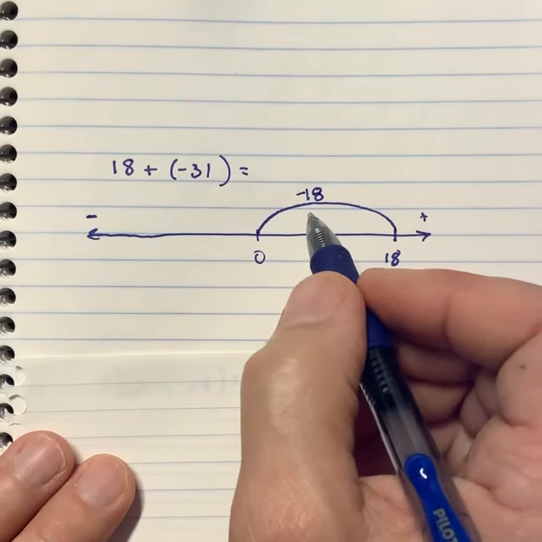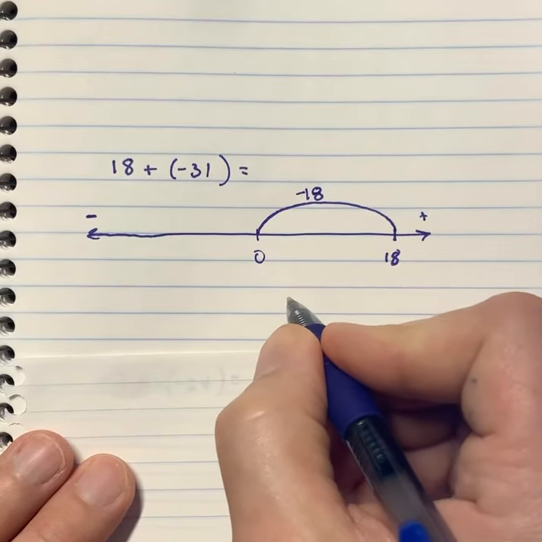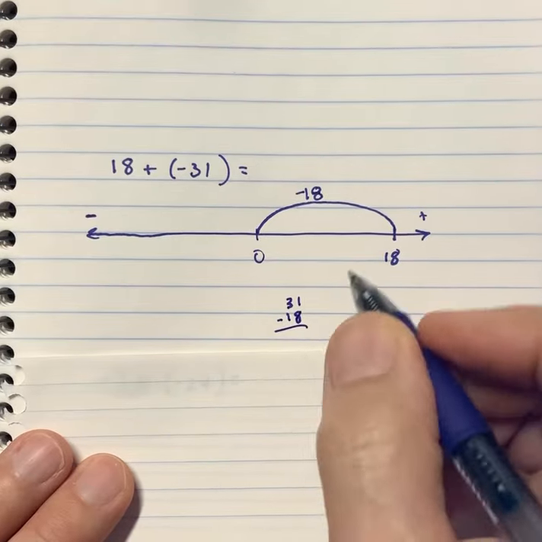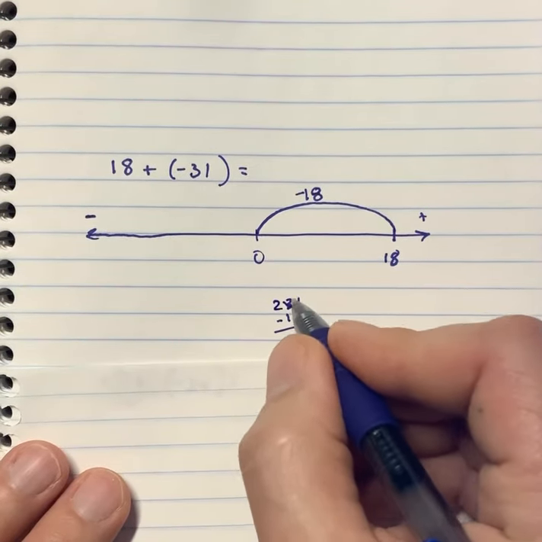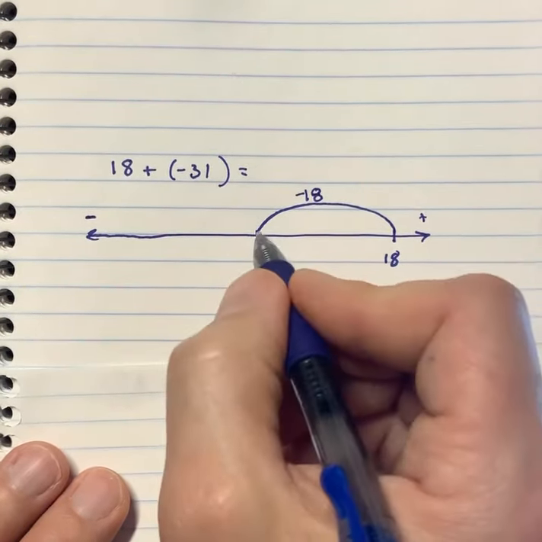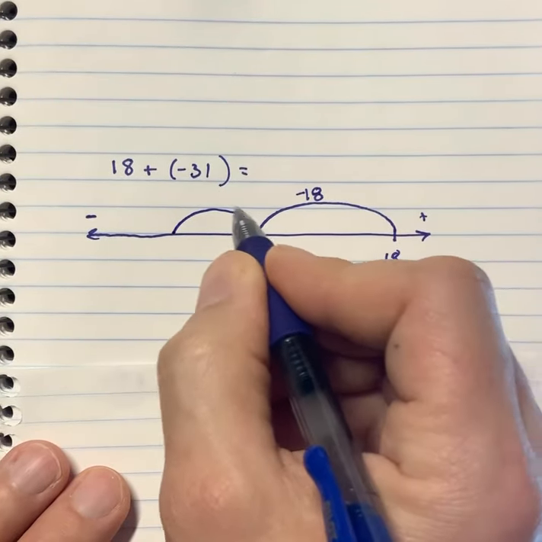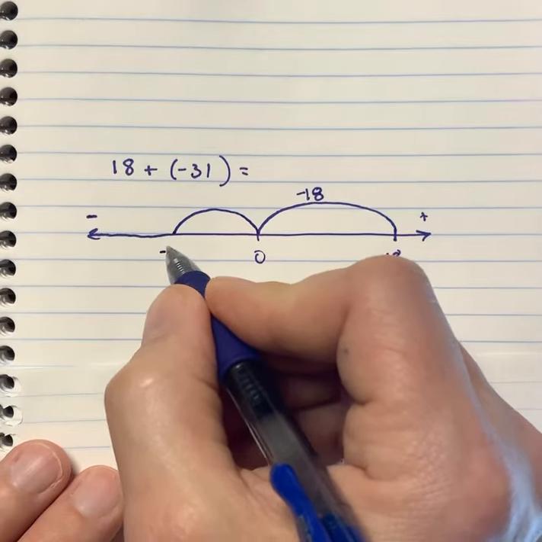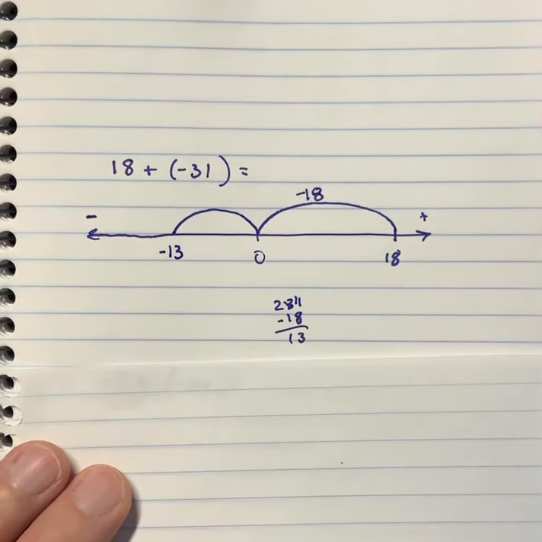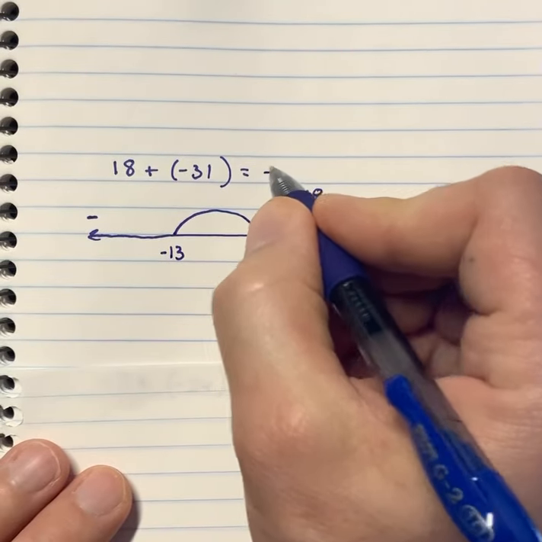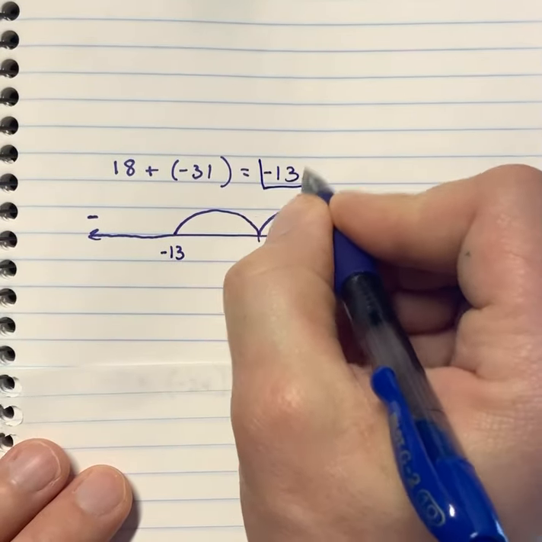So if I've already moved 18, how many more spaces do I need to move? Well, if I take 18 and subtract it from 31, the distance we need to go, I get 13. So I need to go 13 more spaces. And if I'm at 0 and I move 13 spaces here to the left, it's going to take me to negative 13. So 18 plus negative 31 is negative 13.